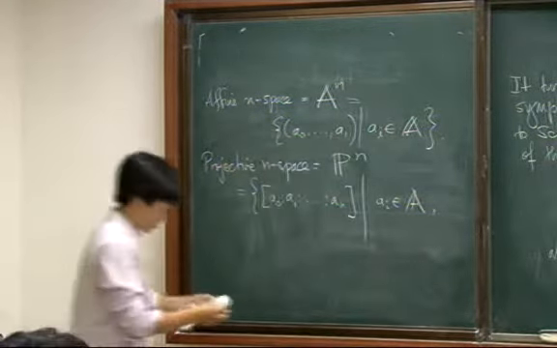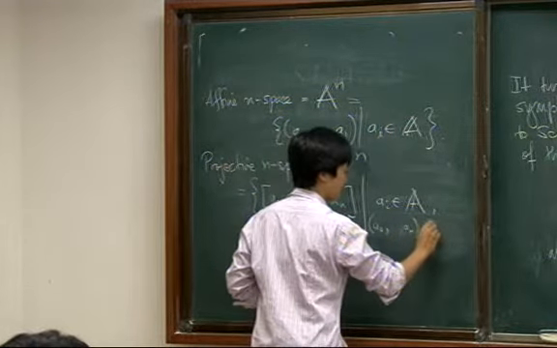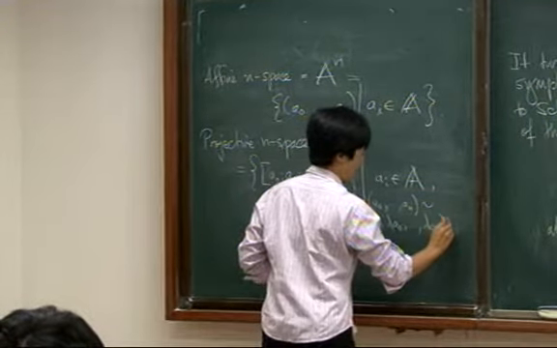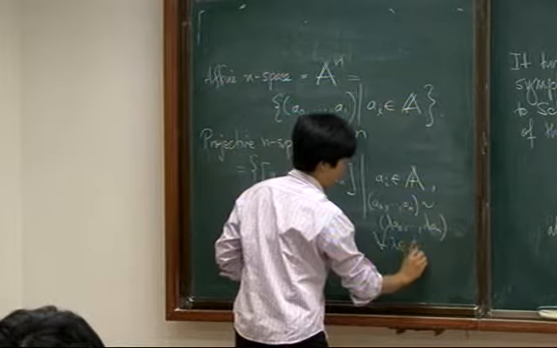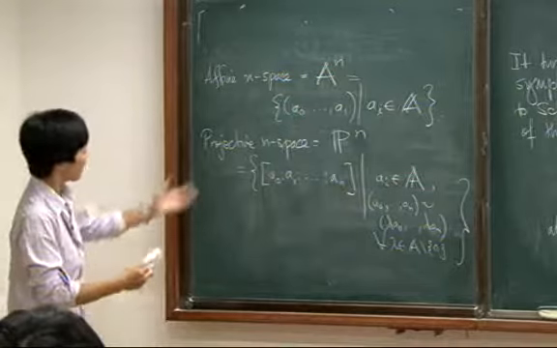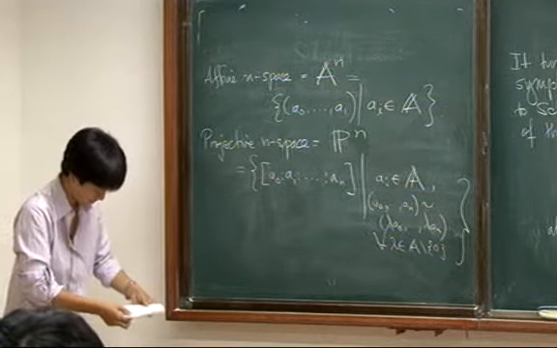And of course, the equivalence relation is that non-zero scalar multiples are equivalent. Yeah, so of course the interpretation is there's lines in an plus 1.